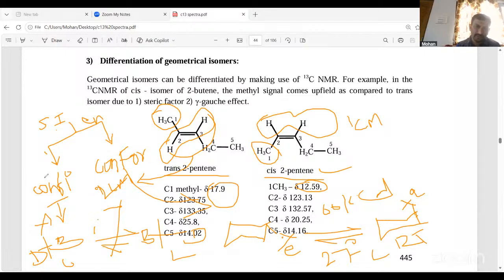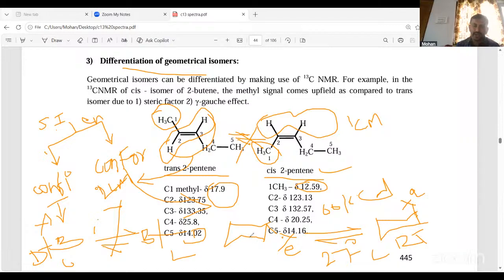That's why these are called configurational isomers, and these are called conformational isomers. So these geometrical isomers are configurational isomers. They won't interconvert. The interconversion from cis to trans does not take place under normal conditions like normal room temperature, or below 100 kilocalorie energy.